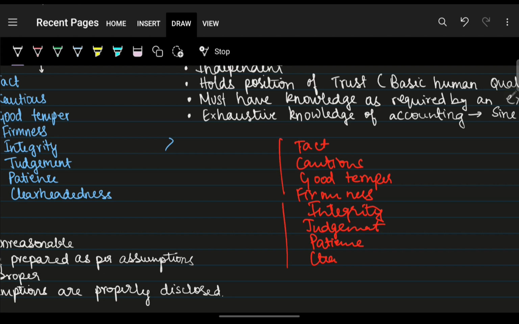Integrity, judgment, patience, and clear-headedness. Tact, cautious, good temper and firmness, integrity, judgment, patience and clear-headedness.